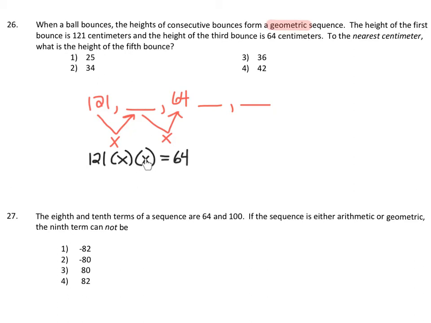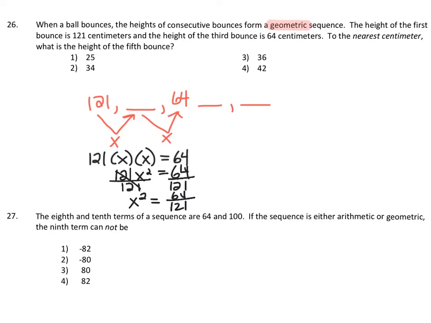Okay, so x times x is just x squared. So let's rewrite this as 121 x squared equals 64. All right, so to solve this, let's get the x squared by itself so we could divide both sides by 121. So that gives me x squared equals 64 over 121.